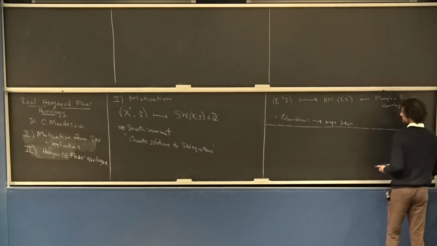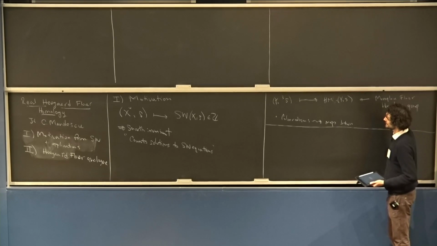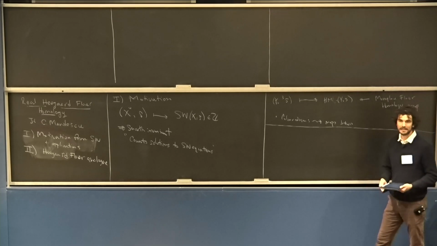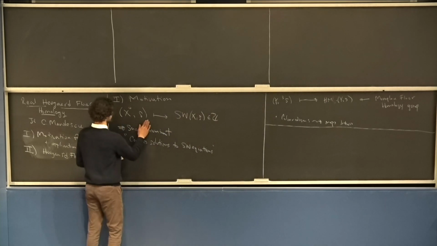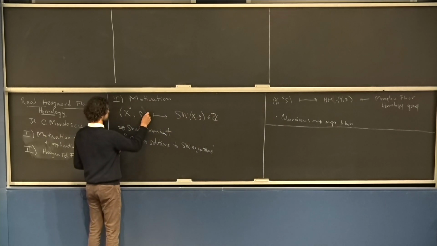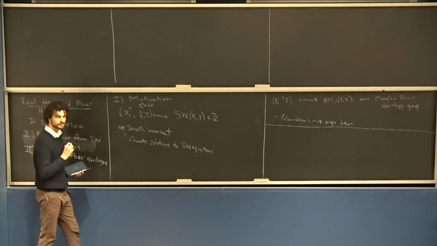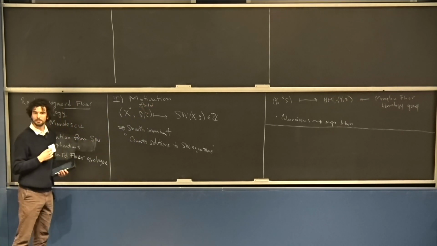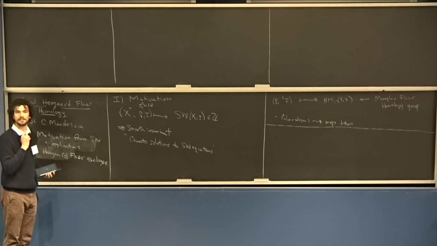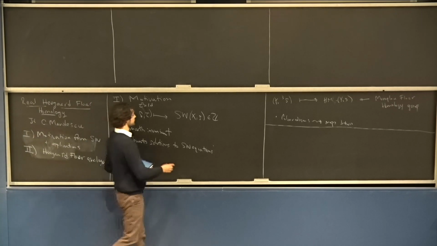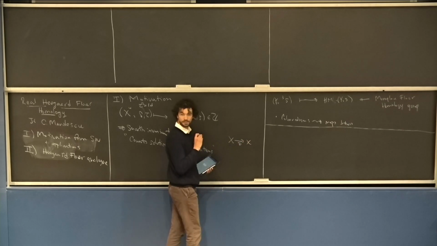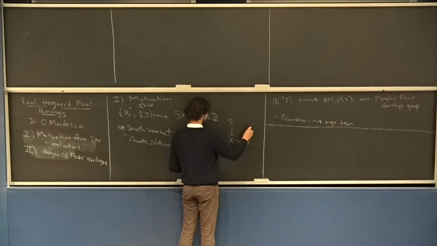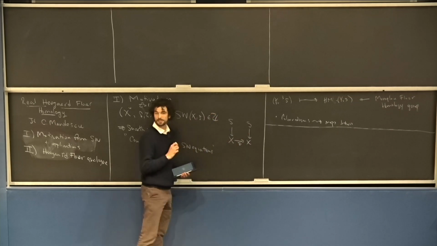There's been a lot of interest lately in adding an additional piece of data to these objects that we're studying. So I'm now going to cheat. I'll add to this data some involution tau, which squares to the identity. And I would like to cook up some gauge theoretic invariant that takes this symmetry into account. So in the Seiberg-Witten world, the idea is, I've got this involution on X, and I'd like to pick a lift of this involution to the spinor bundle.